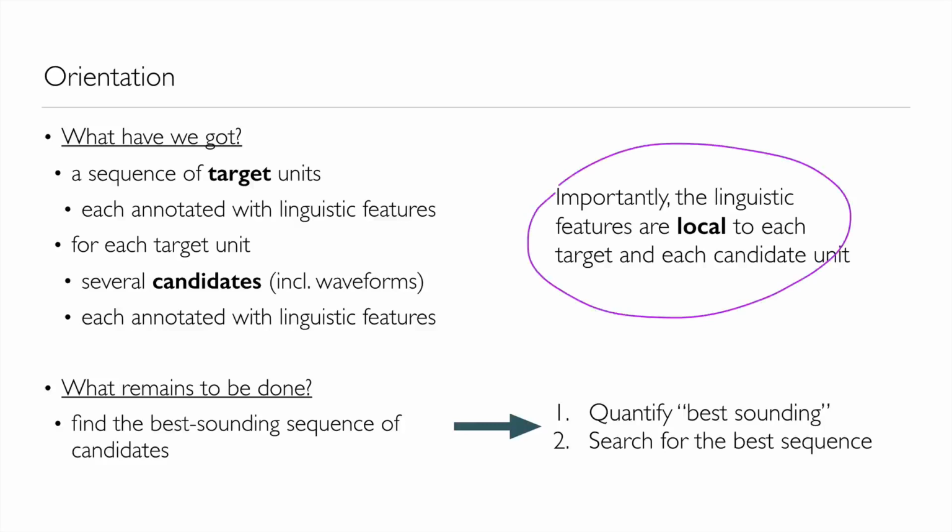Specifically, we don't need to look at the neighbors. That's going to be particularly important for the candidates because for different sequences of candidate units, their neighbors might change. That will not change their linguistic features. The linguistic features are determined by the source utterance in the recorded database where that candidate came from. So the next steps then are to come up with some function that quantifies best sounding, and then to search for the sequence of candidates that optimizes that function.